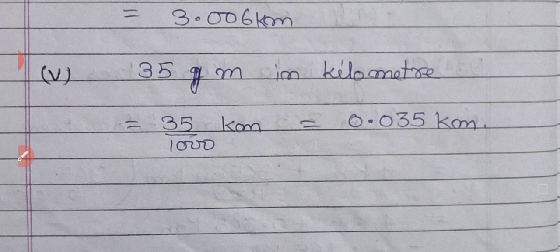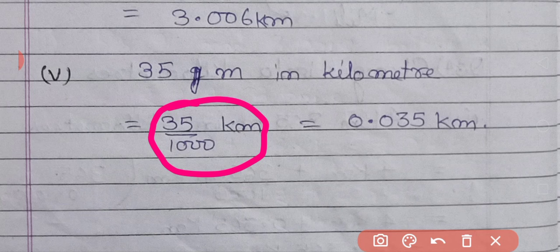No kilometer is given. So directly, as I have told you, whenever it is given to change meter into kilometer, then multiply the meter number with 1 upon 1000. So it became 35 upon 1000 kilometer.